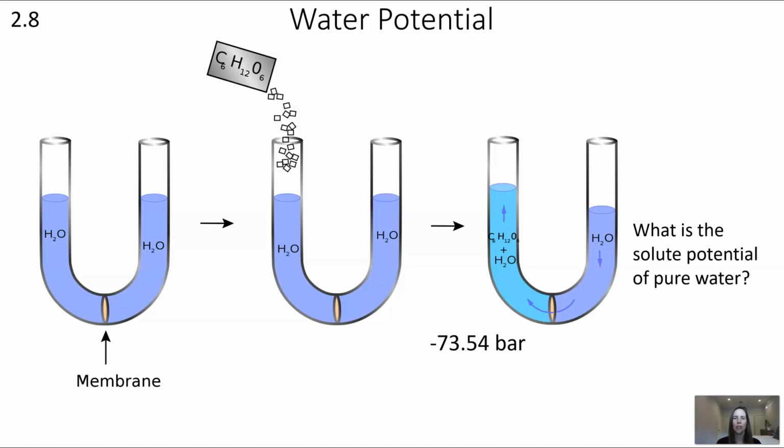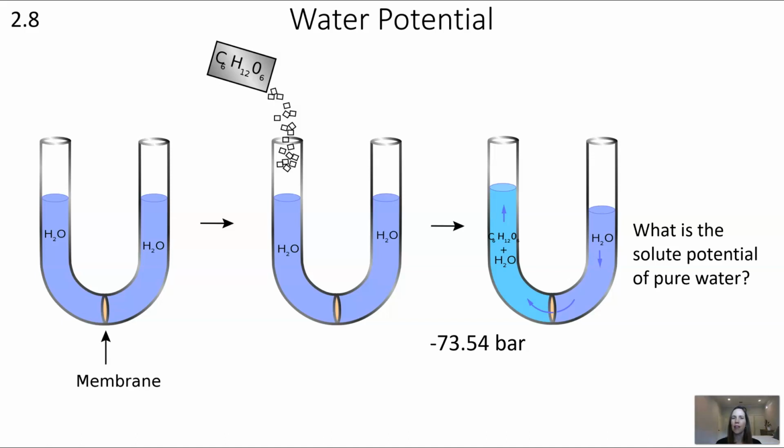All right, so that's telling us something about that water. And let's compare that to distilled water, just plain water. So on the right side, we have plain water. So what's the solute potential of pure water? Well, we can figure this out from the negative iCRT equation. And it actually isn't a whole lot of math, it's just some thinking.